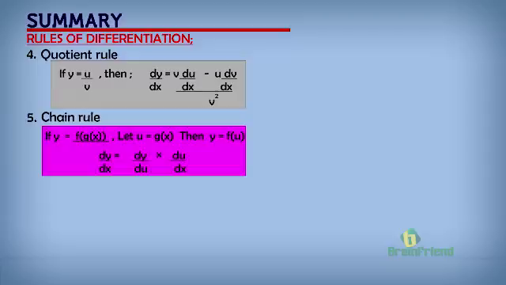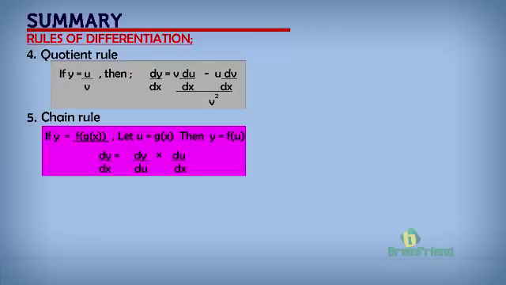And finally, we learned about the chain rule. We said the chain rule is applied for functions that appear as functions within a function. We said if we have such an instance, for example, y being f of g of x, we let u be our g of x, that is u be the inner function.